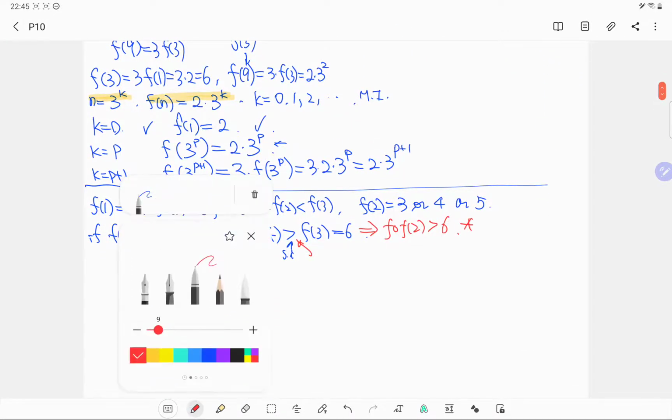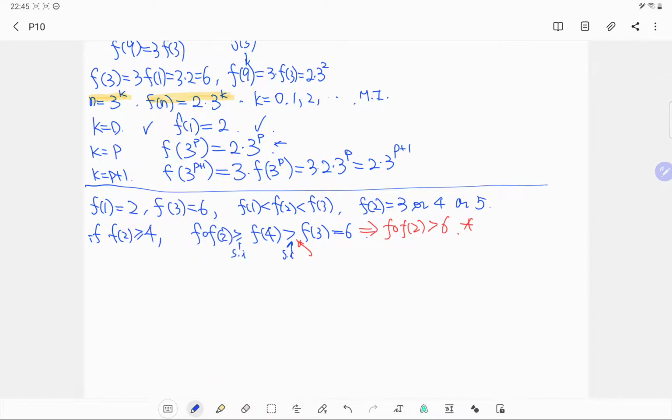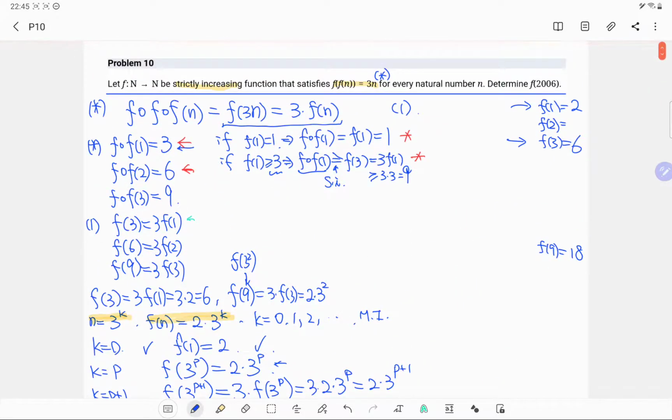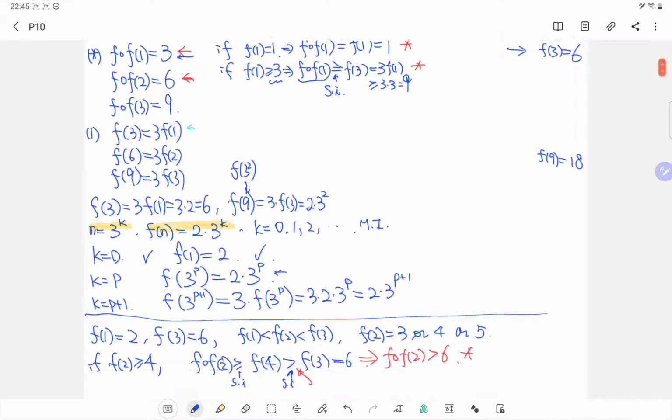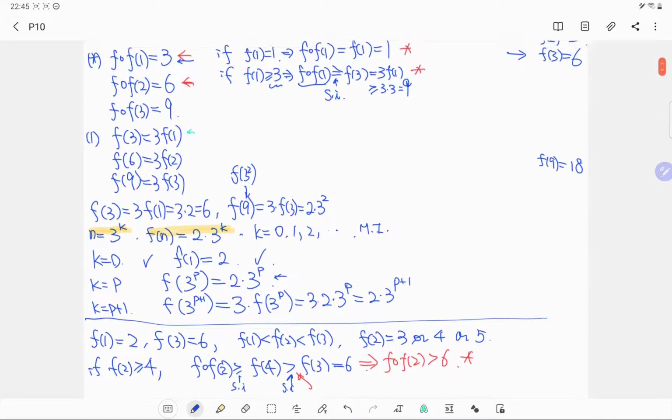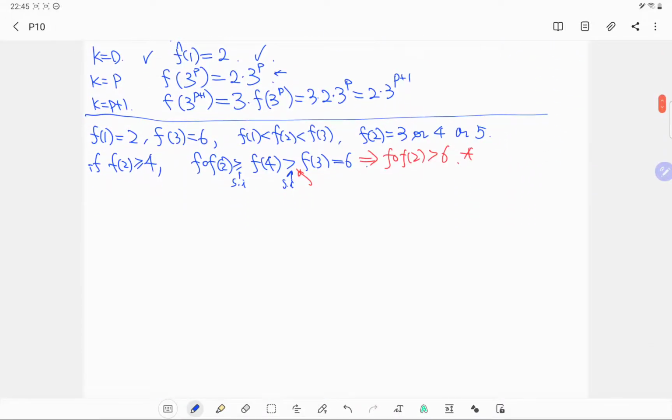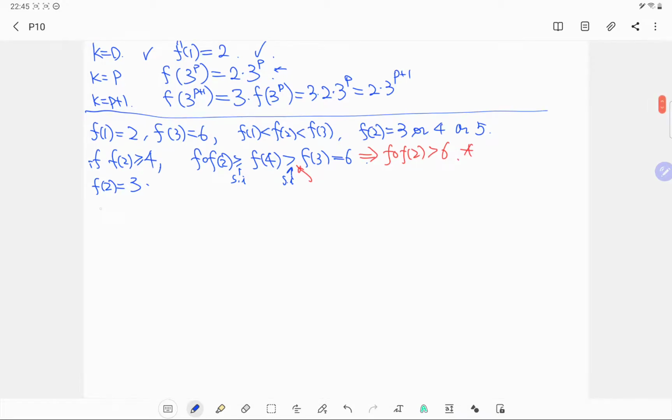In this case, f of 2 can only be 3. So we have f of 2 equals 3. So still using equation 1, we have f of 6 would be 3 times f of 2, which is 3 squared.